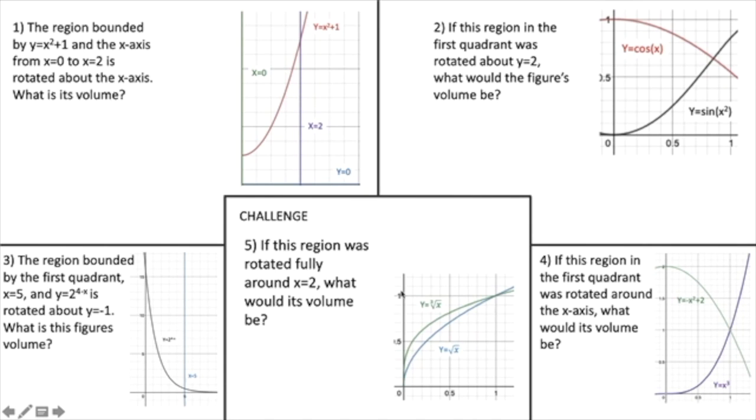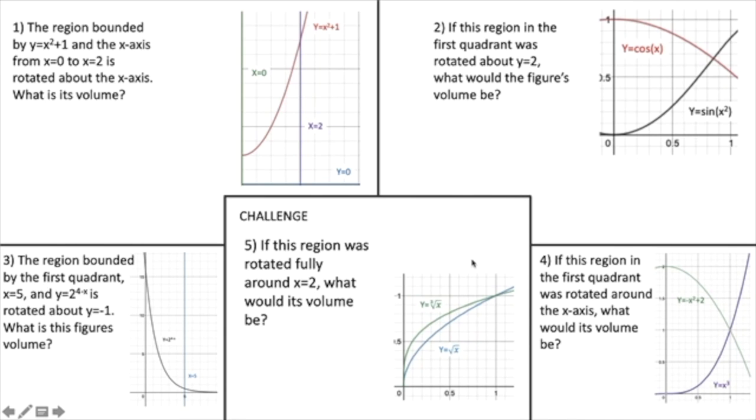And then number 5, I decided to include as a challenge problem. You aren't likely to be tested on these in the AB section, but it is something that you could possibly be tested on because it still involves the same concept. With number 5, you are actually having to rotate around x equals 2, so you have to rotate around a vertical line.